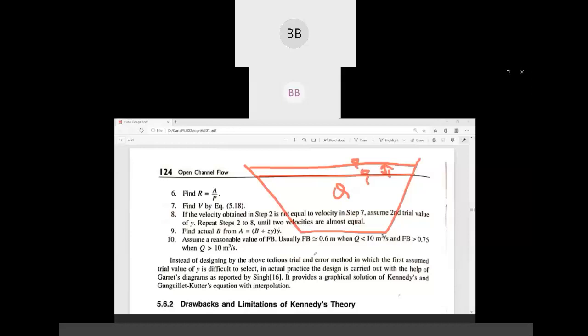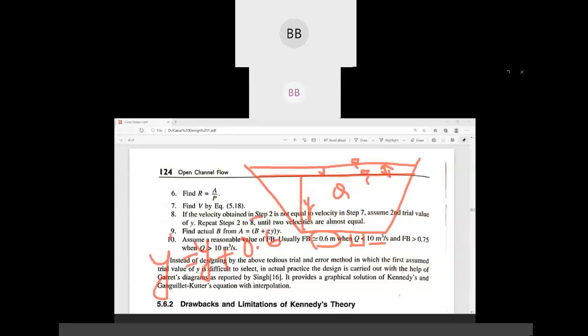How much you are going to provide: if the discharge we have considered for designing the channel is less than 10 meter cube per second, then we are going to provide 0.6 meter. So this length will be 0.6 meter. This is y; after this we are going to add, y plus 0.6, and that will be your new y after providing freeboard.